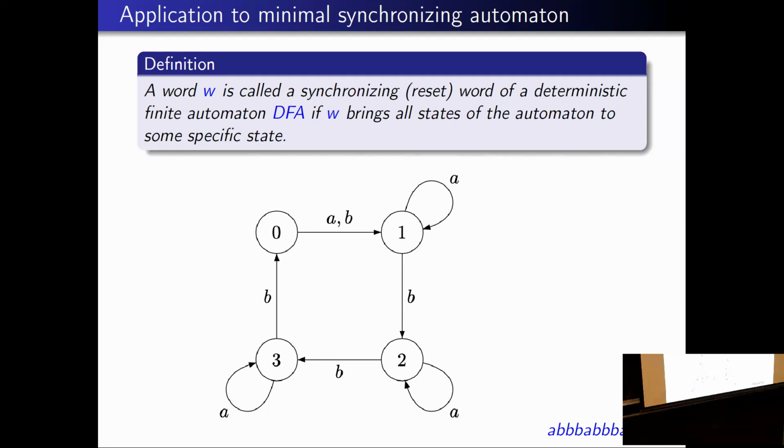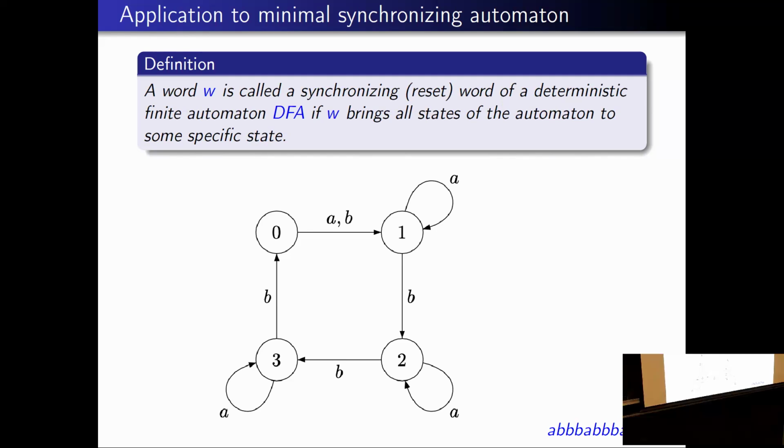I was speaking already about matrices, graphs, combinatorics, but there is another language. When I draw such a nice graph, I also speak of a finite automaton, right? Because a directed graph is nothing but a finite automaton. So I could always ask about a synchronizing word.